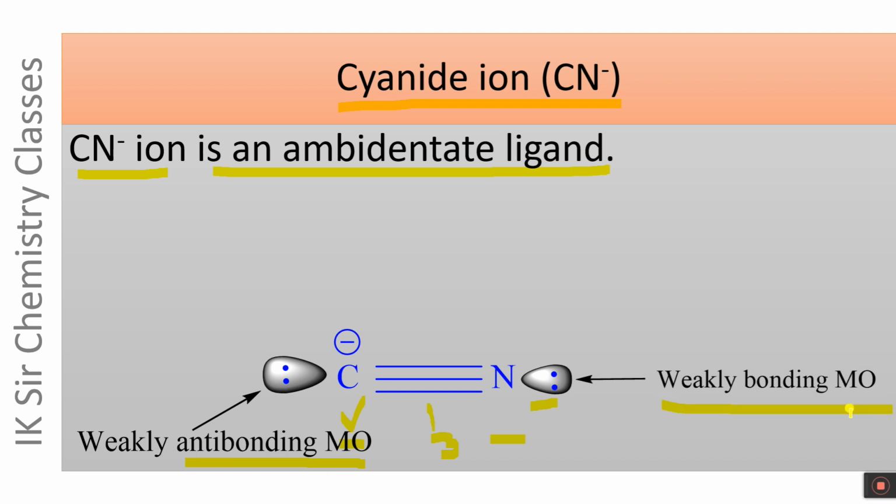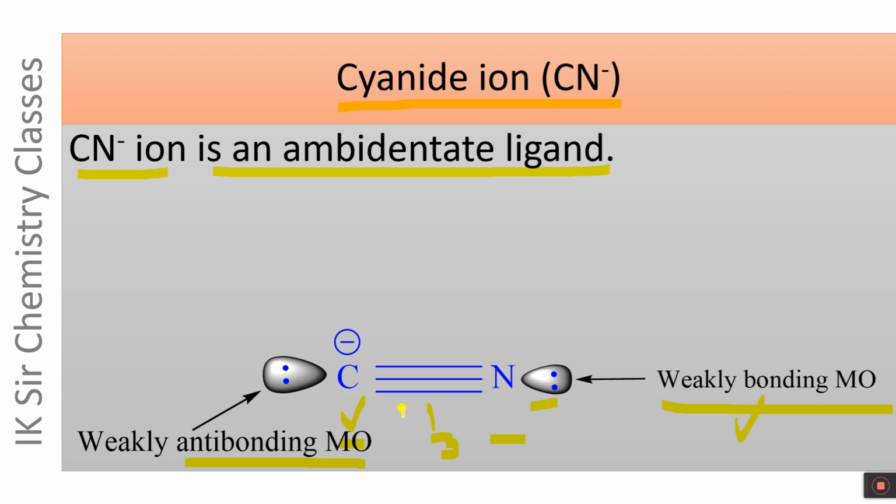Here there is some difference. The electron pair of carbon is present in weakly anti-bonding MO, while the electron pair of nitrogen is present in bonding MO.